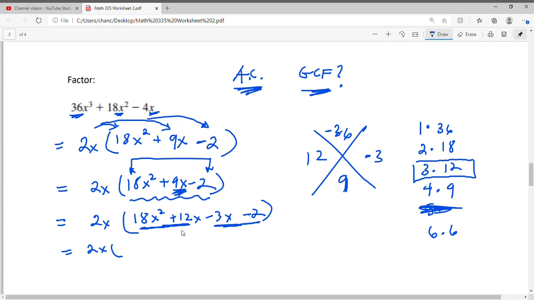So the first pair has a 6x in common, so let's take out a 6x. What's left over is 3x plus 2. Now I need to make sure that when I factor out the second pair, it has the same factor, 3x plus 2. So we need to take out a negative 1. That's the only way that we'll have a factor of 3x plus 2.